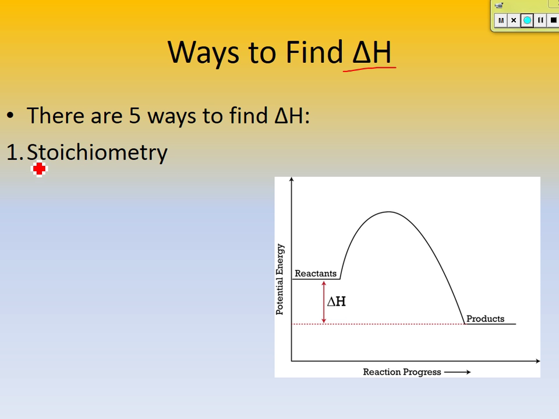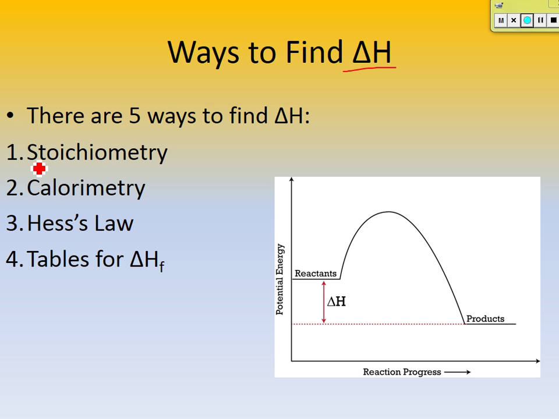Okay, stoichiometry. But there's calorimetry. Number 3 is Hess's law. We'll spend some time learning Hess's law in a couple of days. Number 4 is there's tables for delta H, and this little subscript F means formation. The delta H of formation.